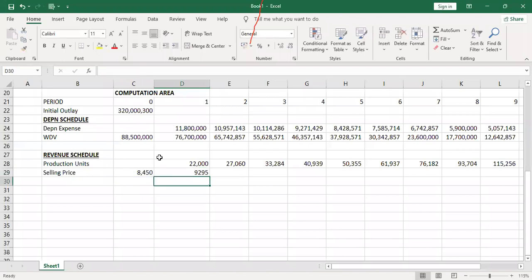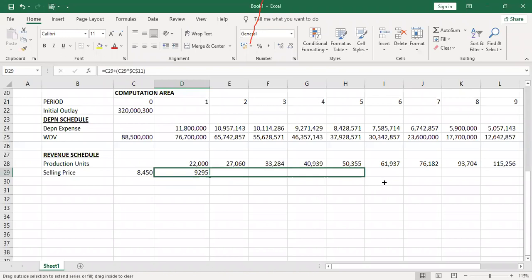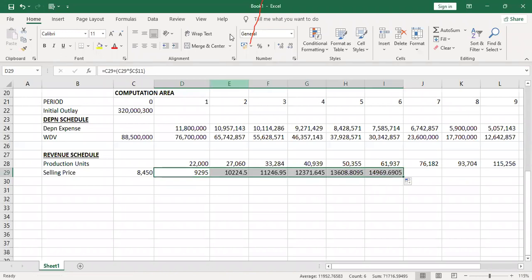Click on the value, press the cursor on the autofill icon, and then you drag up to year 6. Why are we dragging up to year 6?